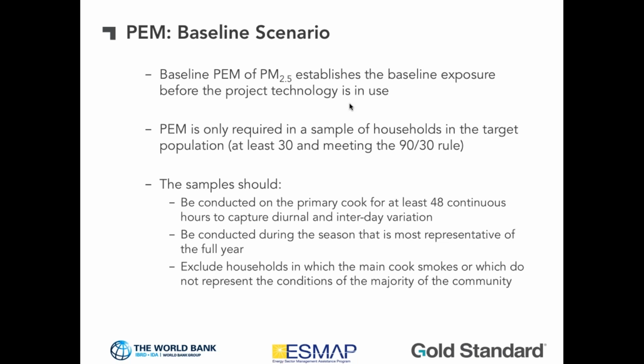So it is advisable that, if you have a lot of variation in the seasons in your project area, you discuss that with Gold Standard before you choose your season for monitoring the baseline exposure in the sample households. And the sample households where the main cook smokes, or where there's, say, trash burning outside the households, such households should be excluded from the samples.